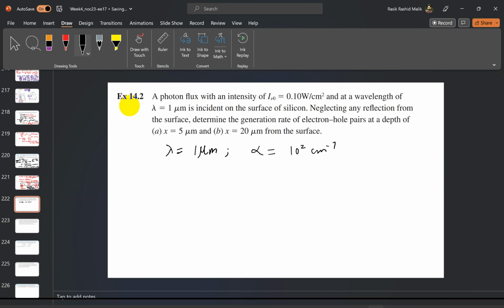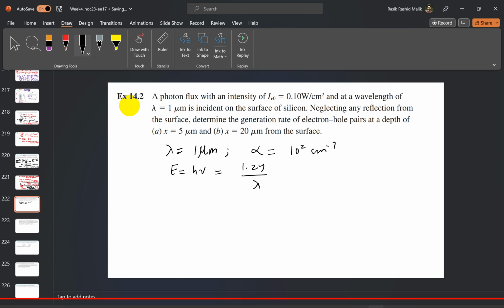And at this wavelength, we have to calculate the photon energy equal to h nu. So that is 1.24 divided by the wavelength in micrometers, so 1.24 divided by 1, that is 1.24 electron volts.